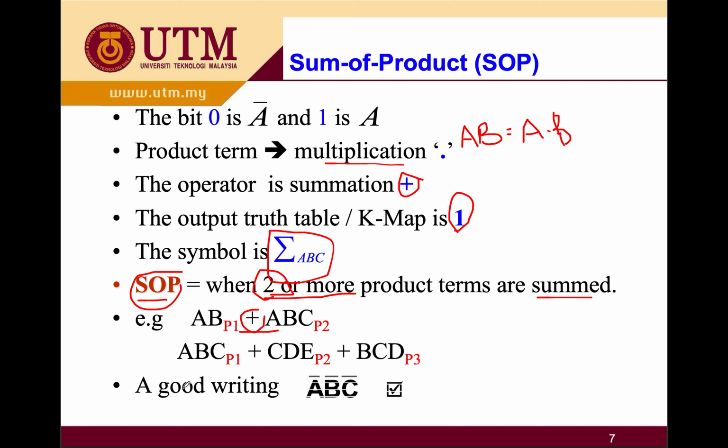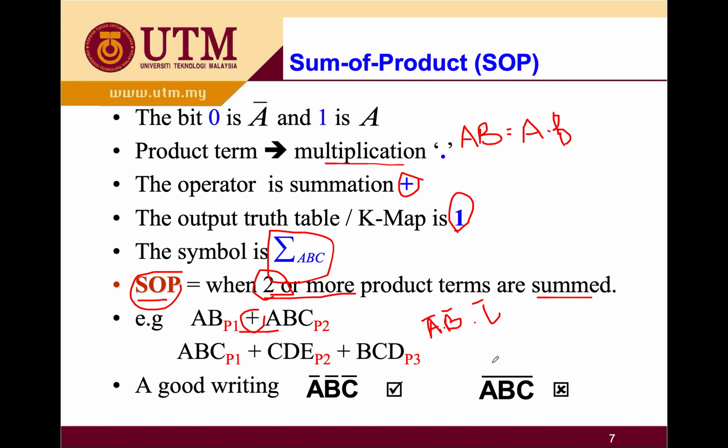So the example is like this one: A bar, B bar, C. This one is basically one product. So the example is like this: A bar dot B bar dot C bar. So this is one product under SOP.